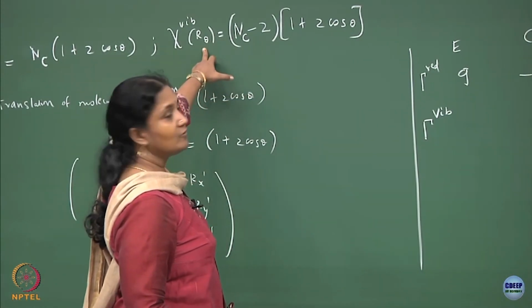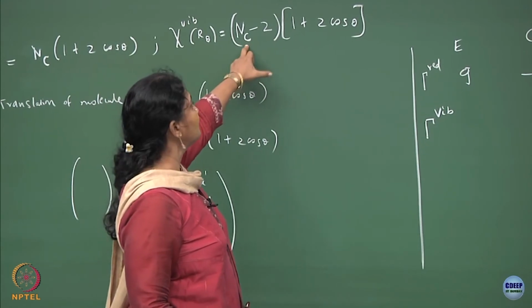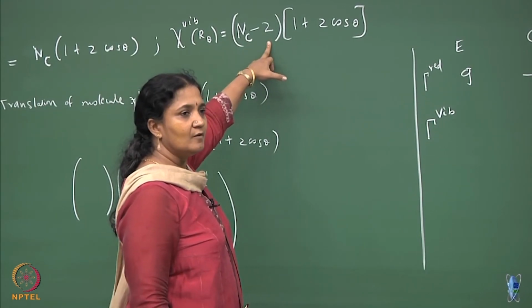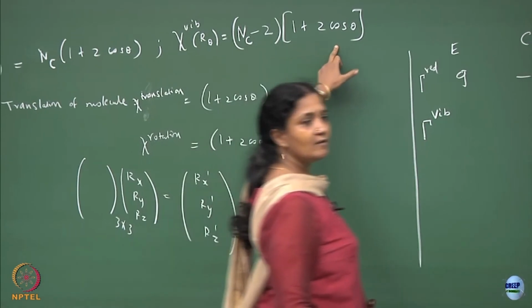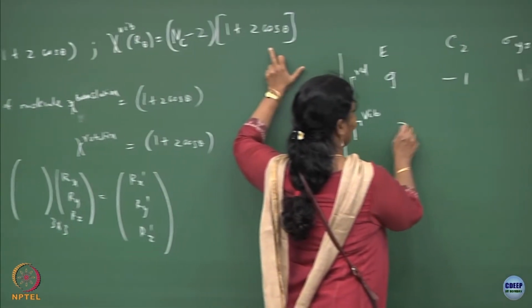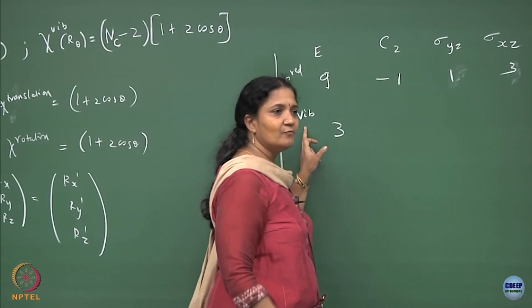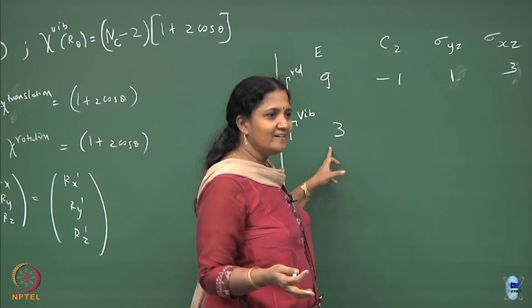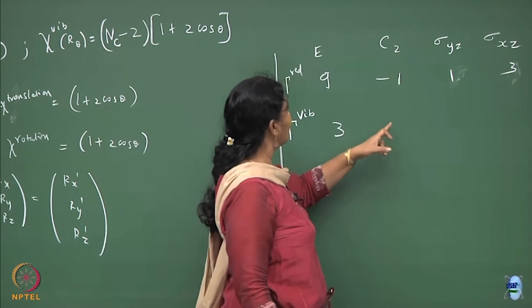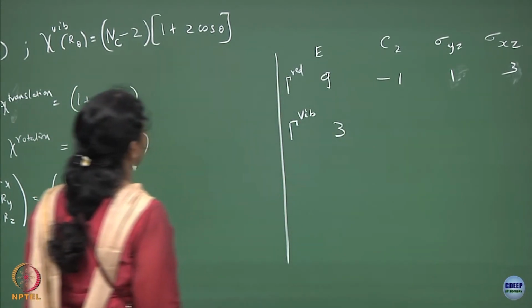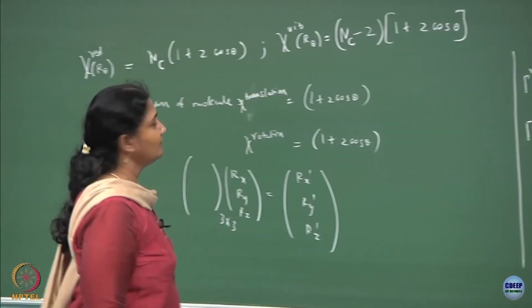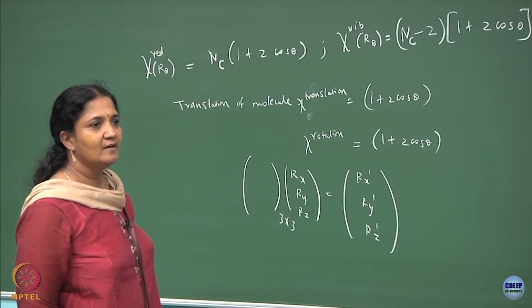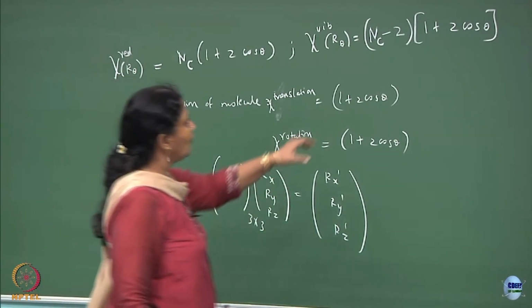So, what will that be? For theta equal to 0, all the 3 atoms: 3 minus 2 is 1, 1 into 3 gives you directly 3, and you know vibrational degrees of freedom are 3. Identity has to be a 3 cross 3 identity matrix, so it has to be 3. And what about this? That had 1 atom.